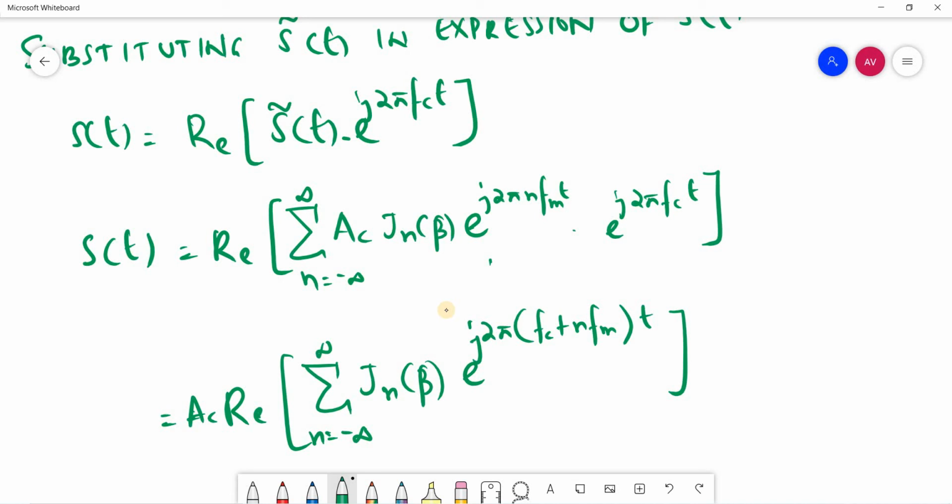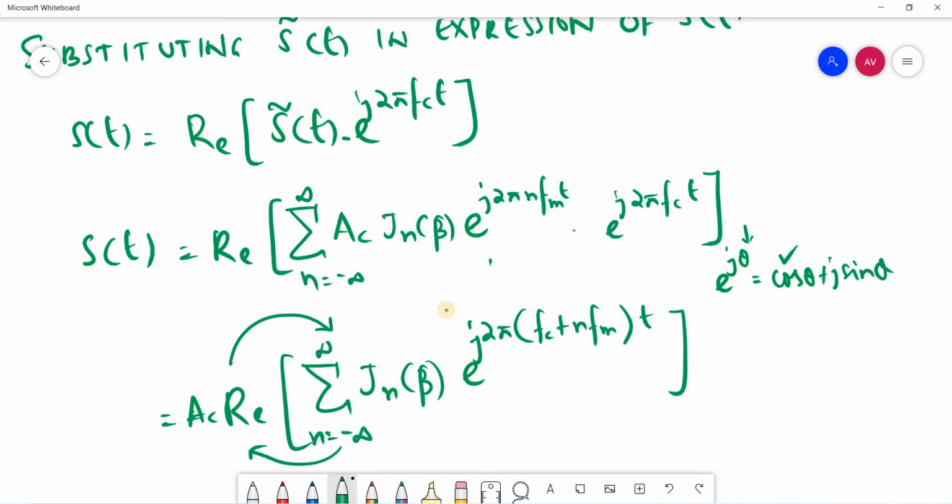So now what we can do is, I can reorder the summation and the real part. So this is e power j something. As I told earlier, e power j something, if that something is theta, is equal to cos theta plus j sin theta, and real part of e power j something will be cos of something, whatever is the argument of e power j.